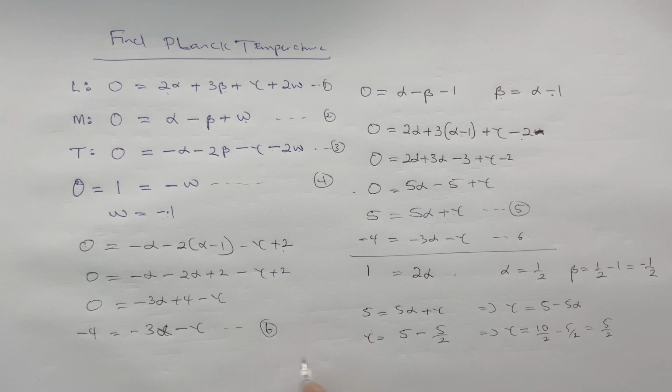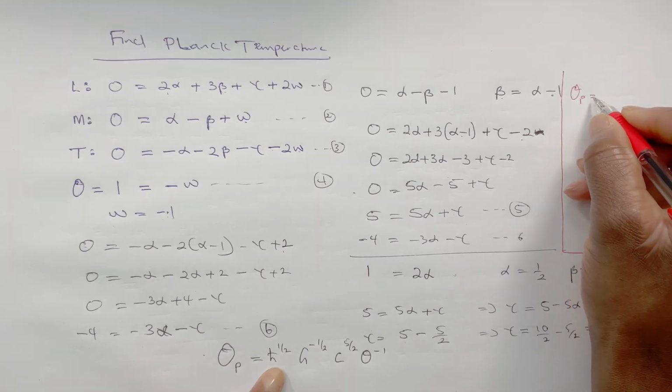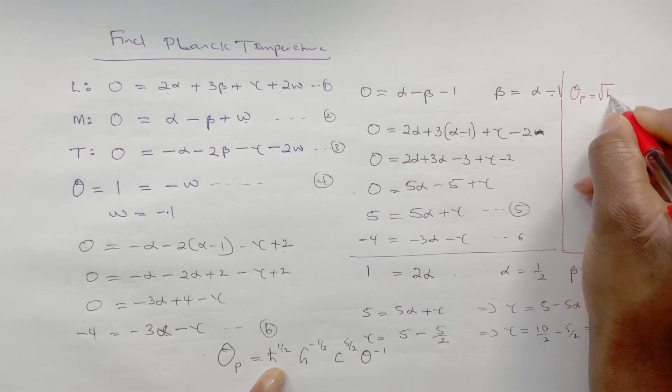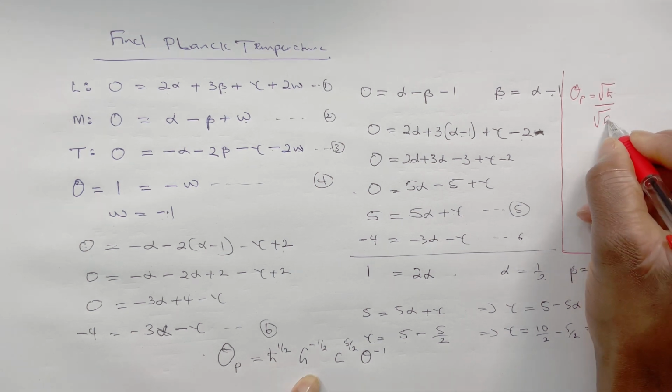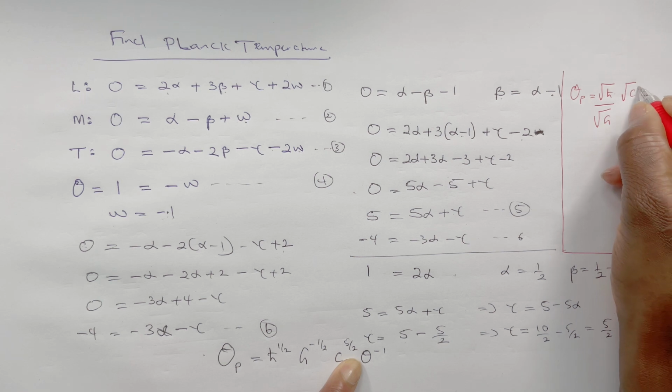In that case, I can write the temperature now. Planck temperature will be, alpha is a half, so that's h bar to the half, beta is minus a half, G to the minus a half, gamma is 5 over 2, c to the 5 over 2. Right, for Planck temperature, that is going to be root h bar over root G, and root c to the power 5.